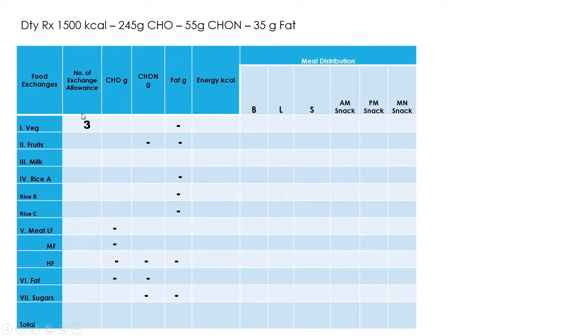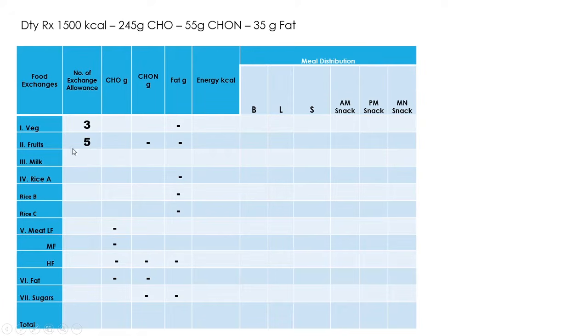The sample just gave us 3 exchanges of vegetables, and for the fruit, you are allowed only 3 to 5 exchanges of fruits per day unless there is a need for drastic restriction of simple carbohydrates. For example, patients that have diabetes mellitus are not allowed to consume too much fruit, so they are only allowed a limited fruit exchange.